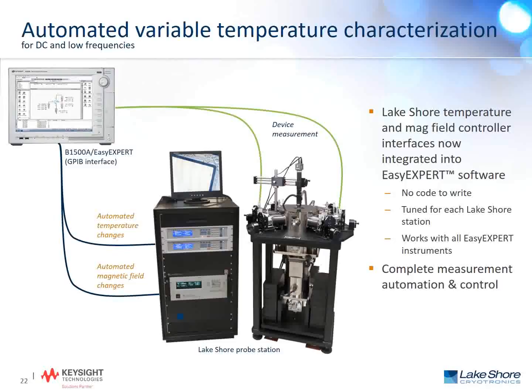And so using test definitions as well as the GPIB interface available on the B1500, we can now use the B1500 to control both temperature and magnetic field for a measurement.